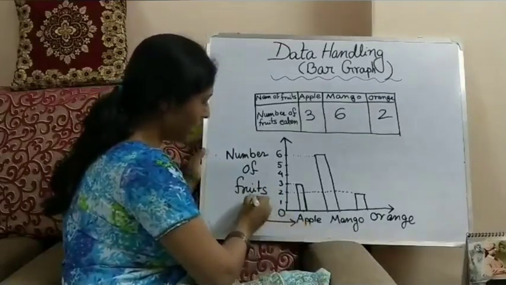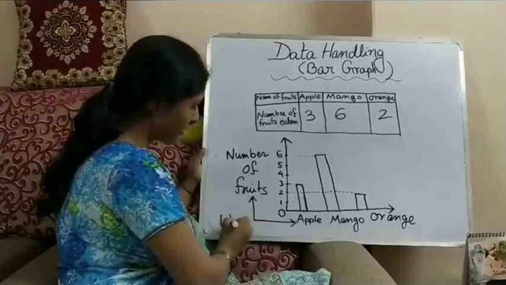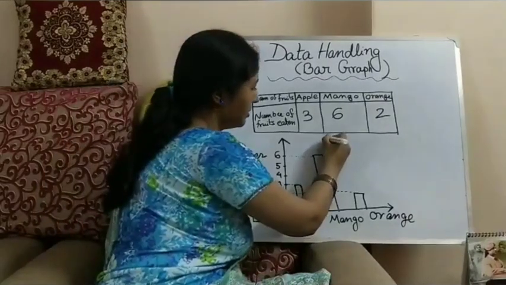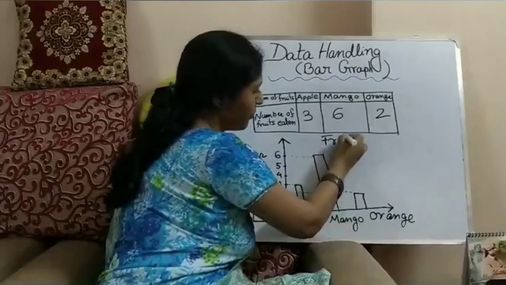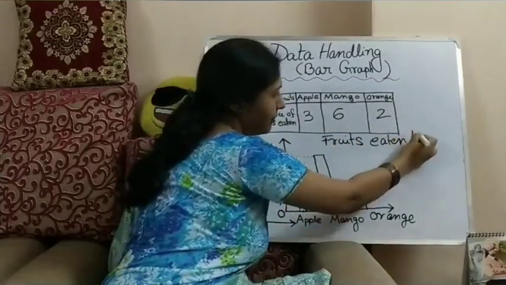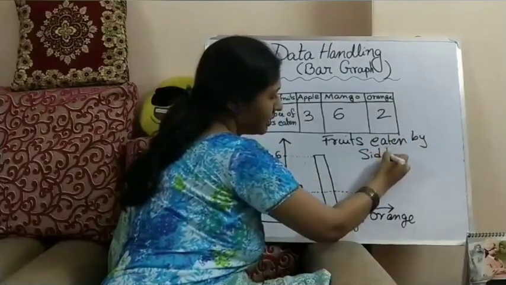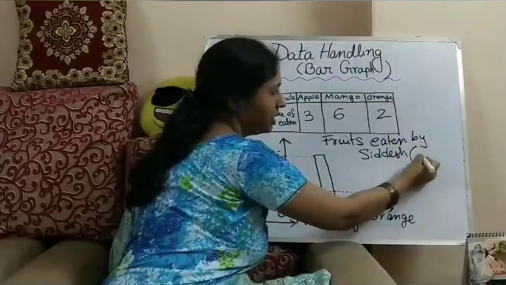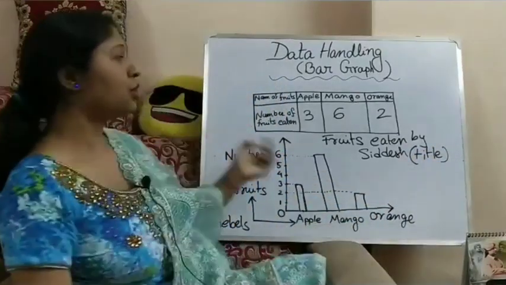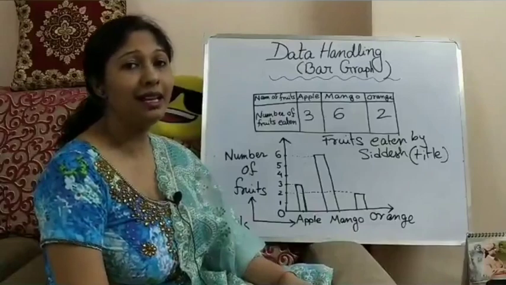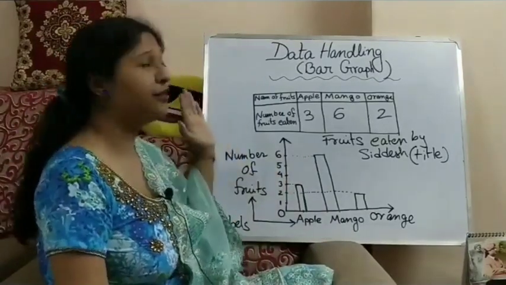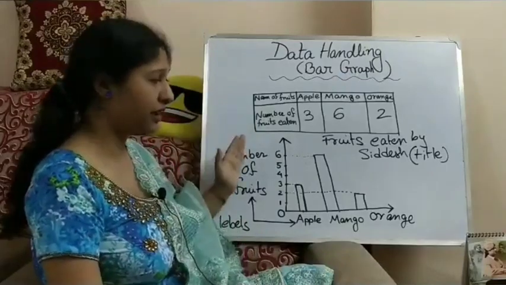So these two are our labels. Fruits eaten by Siddesh. This is our title. So this is the way we can easily show any kind of data by bar graph.